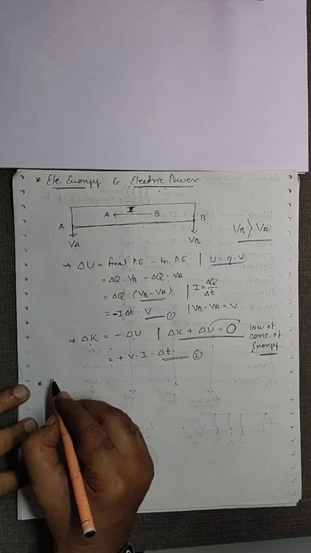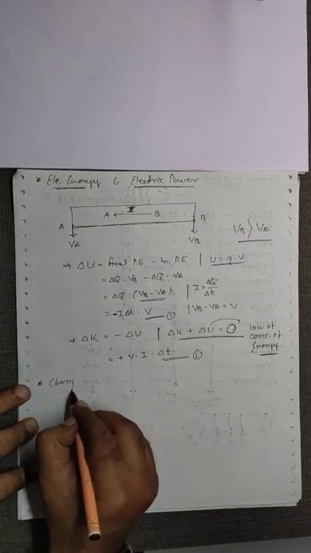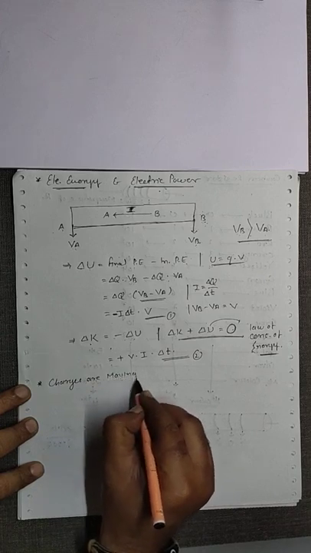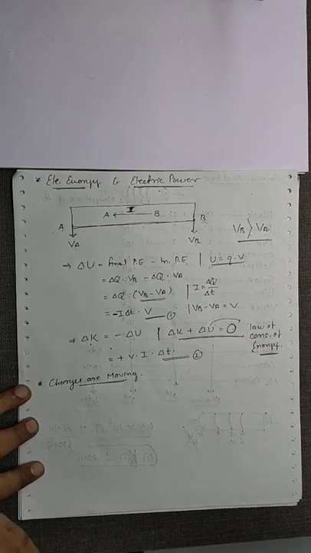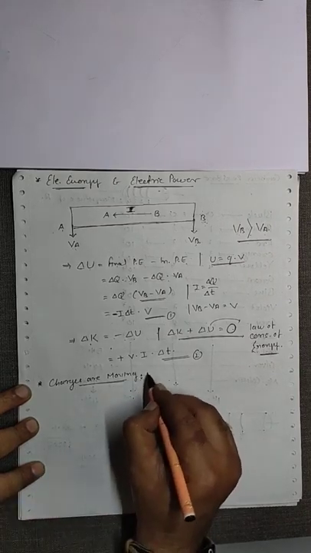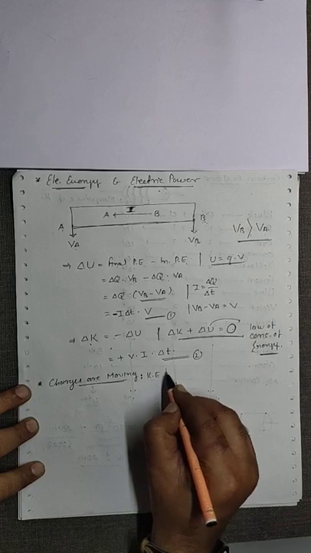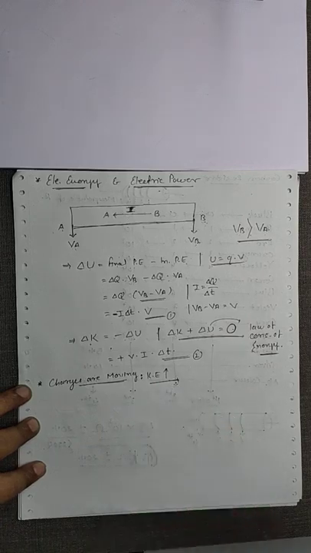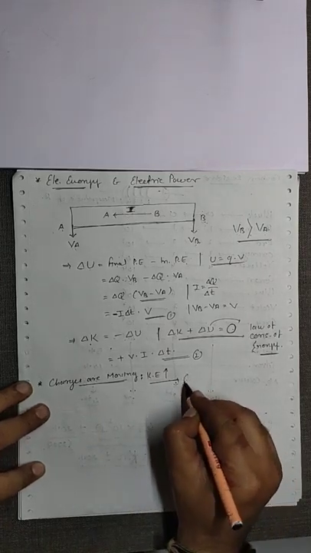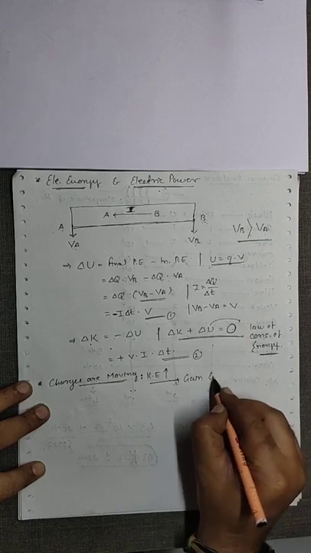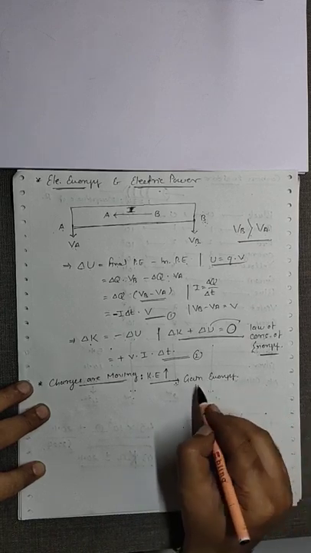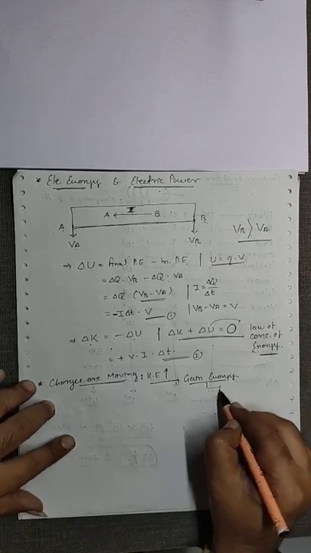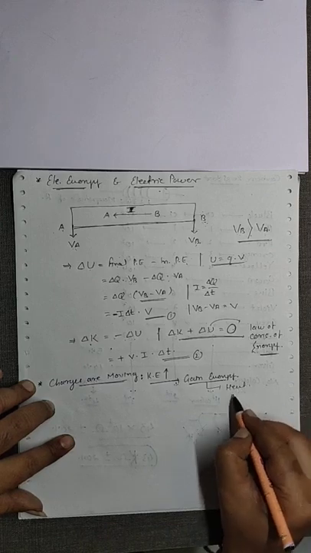When charges are moving from A to B, its kinetic energy increases. If kinetic energy increases, then obviously it gains energy, and this gained energy comes out in the form of heat.